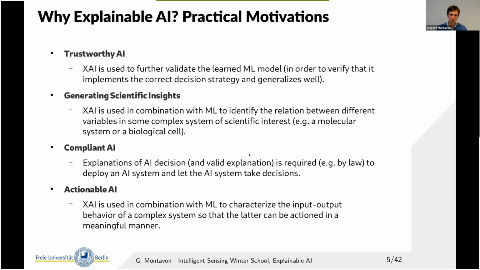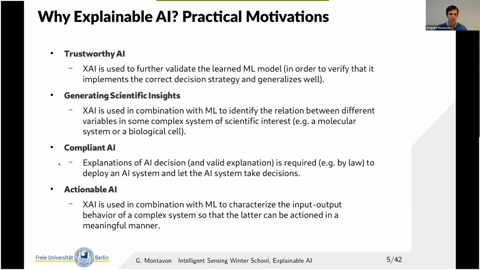And if this is well understood, and if the machine learning model is predicting some properties of a complex system, this kind of correlation that has been identified can be used to understand how to actuate a machine learning model or a system in a meaningful manner.